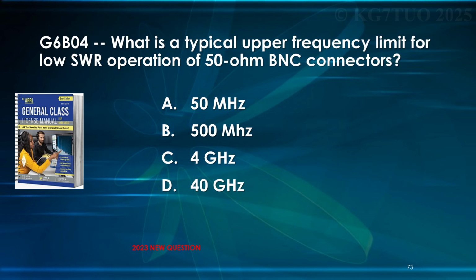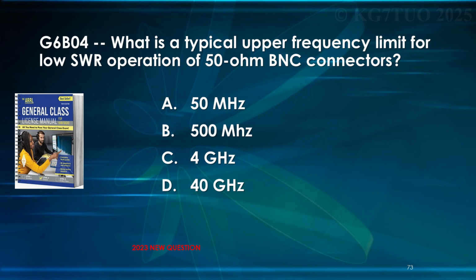What is the typical upper frequency limit for low SWR operation of a 50 ohm BNC connector? PL259, the standard connector, is used in ham radio for most stuff. And then there's a smaller one. It's a twist and lock. It's a BNC connector. That BNC connector is better up through higher frequencies. It's got less loss, and it's good right on up to almost microwave frequencies.